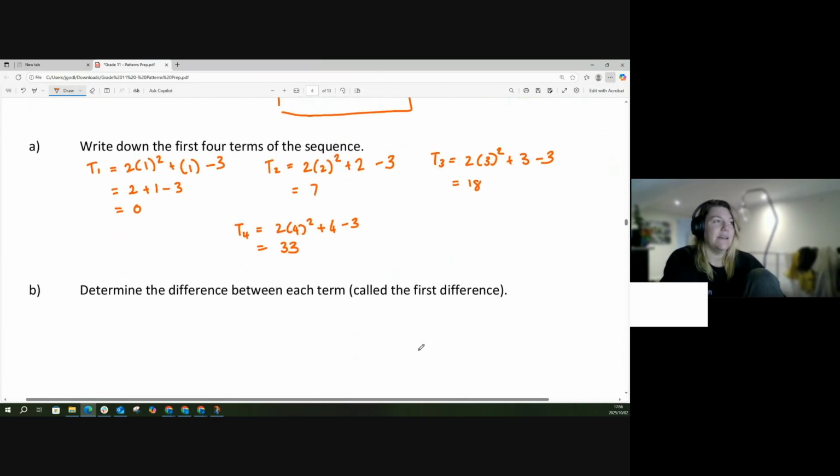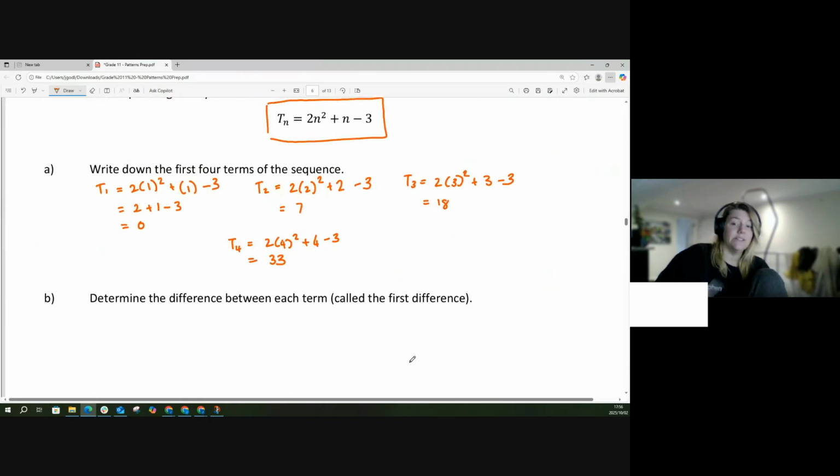So next thing I'm asking is, can you determine the difference between each term? This is called the first difference in quadratic sequences. Our terms right now are 0, 7, 18, 33. Those are our current terms.